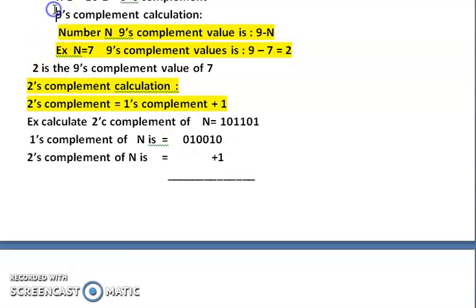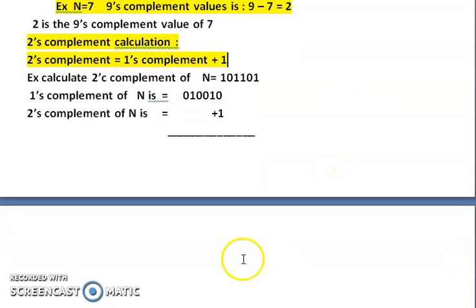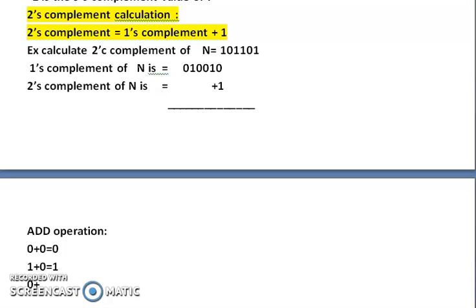So you can perform the addition operation, using the add table. 0 plus 0 means 0, 1 plus 0 means 1, 0 plus 1 means 1, 1 plus 1 means 0.